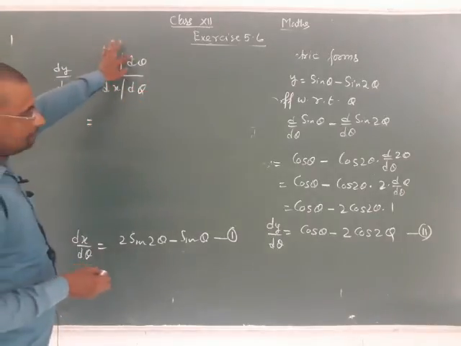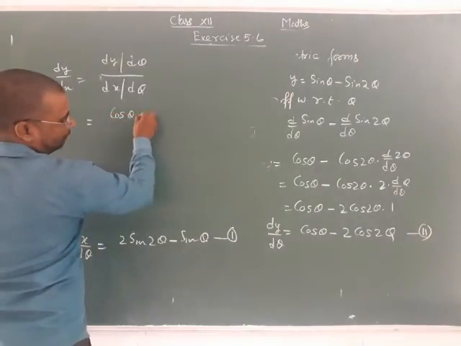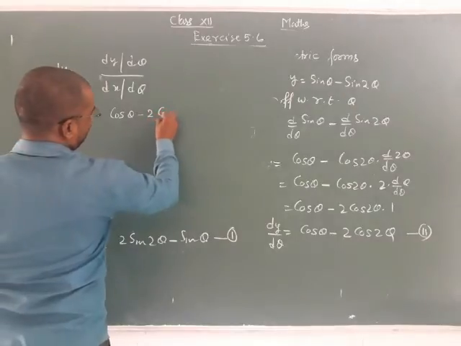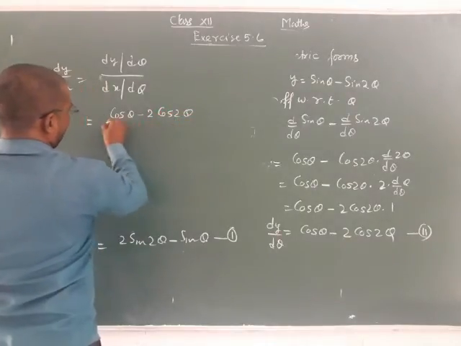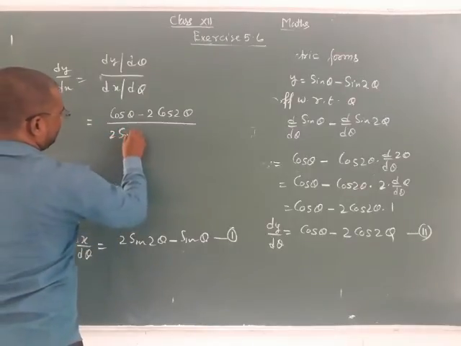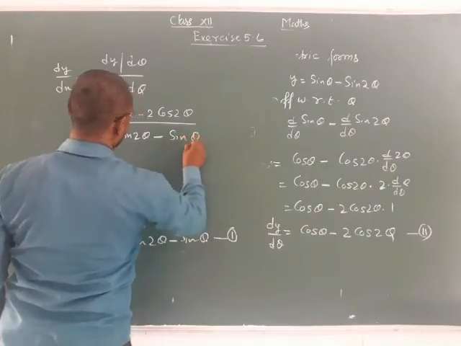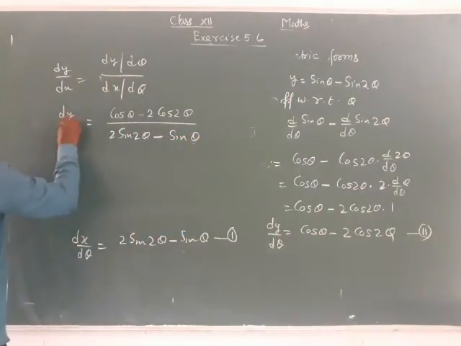Now dy upon d theta is cos theta minus 2 cos 2 theta, upon now 2 sin 2 theta minus sin theta. This is dy upon dx.